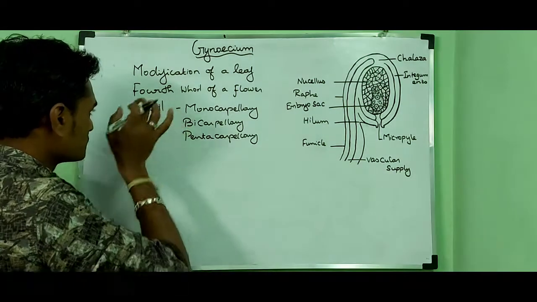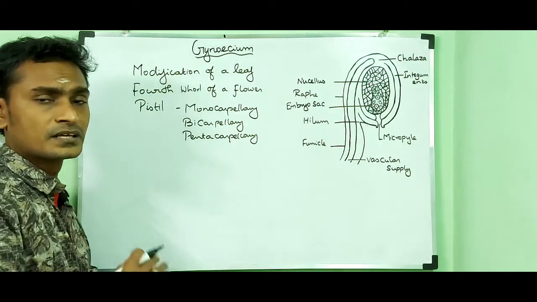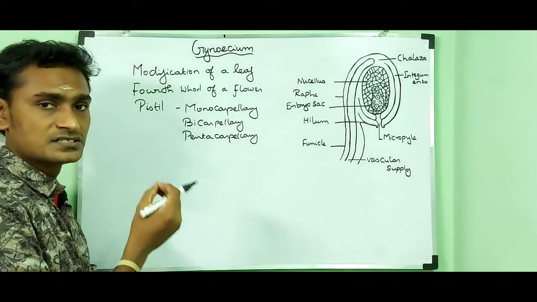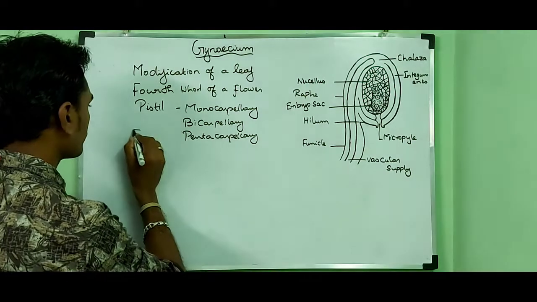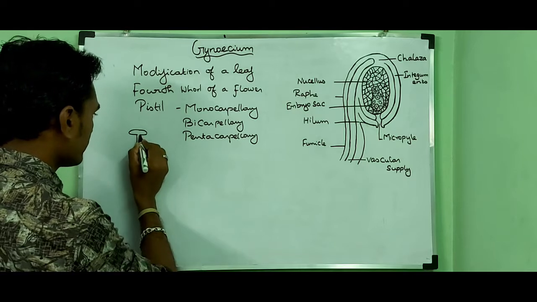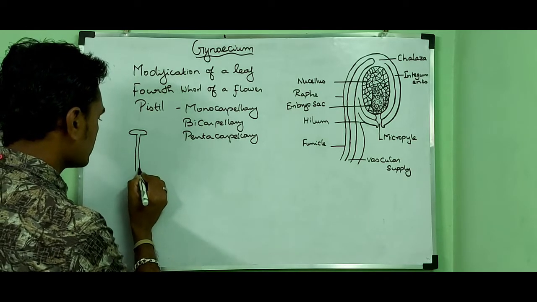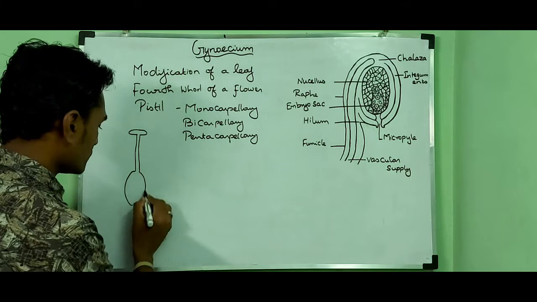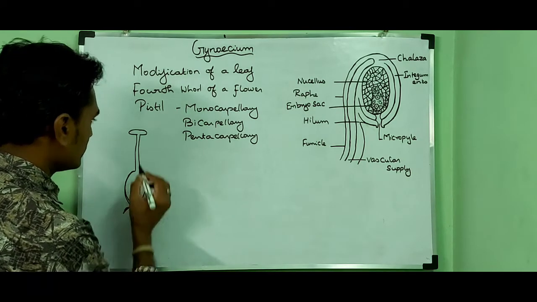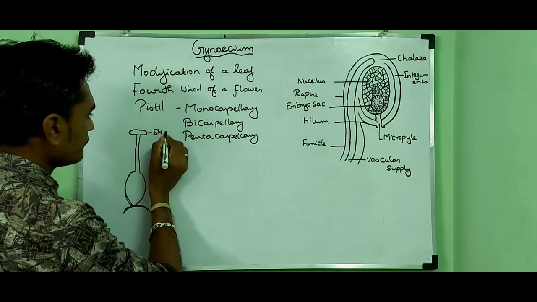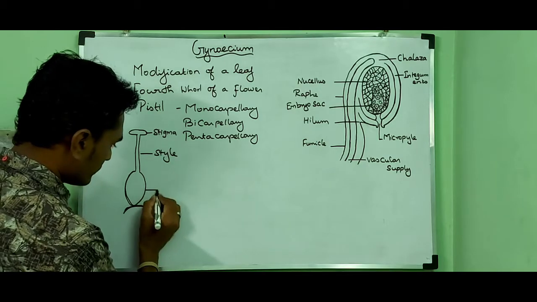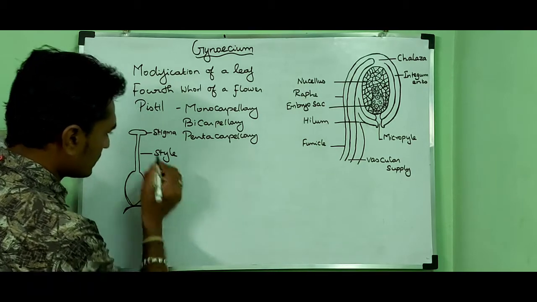Then the term pistil comprises three parts, namely stigma, style and ovary.